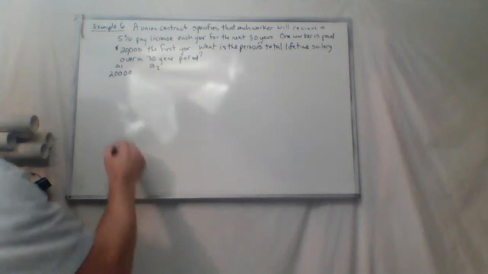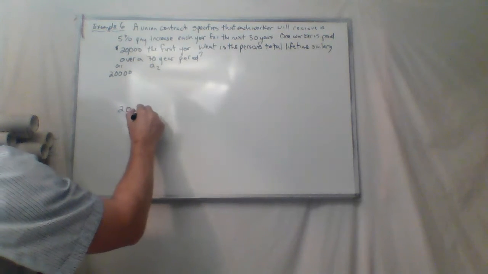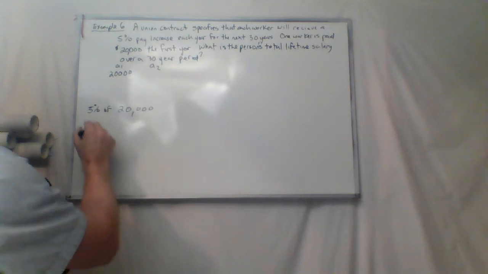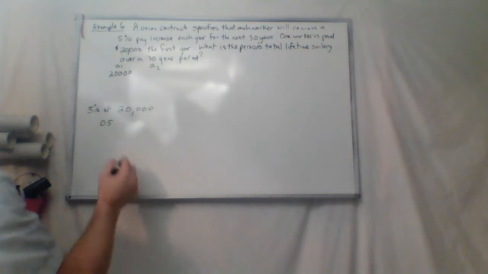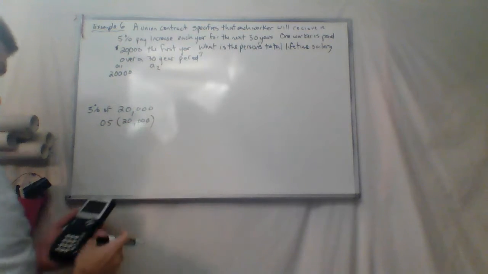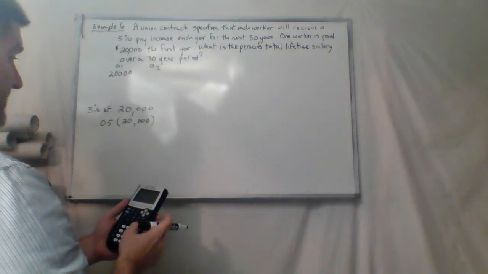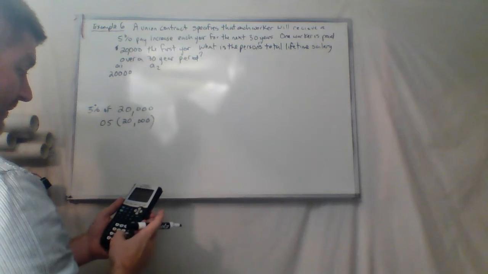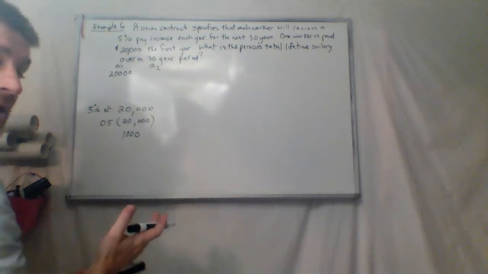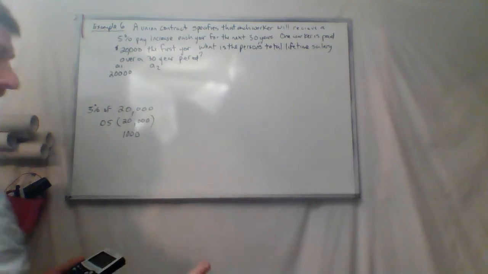Well, if it's 5%, what's 5% of 20,000? So that's 0.05, we turn that to a decimal. Of means multiply, so 0.05 times 20,000.